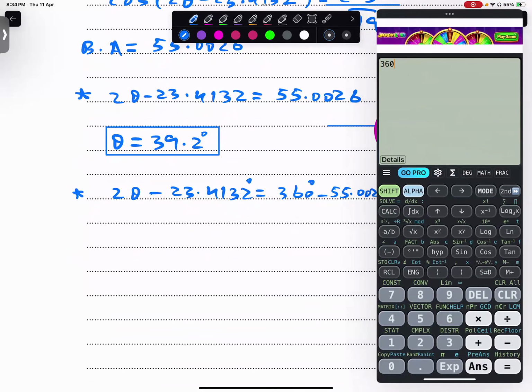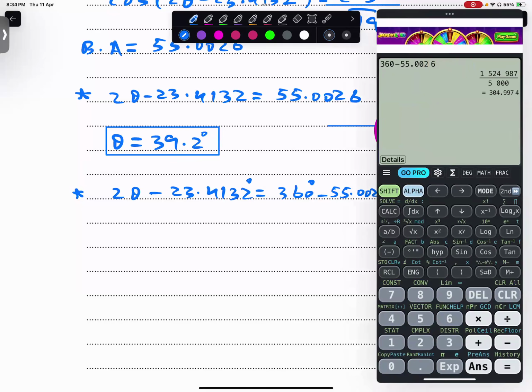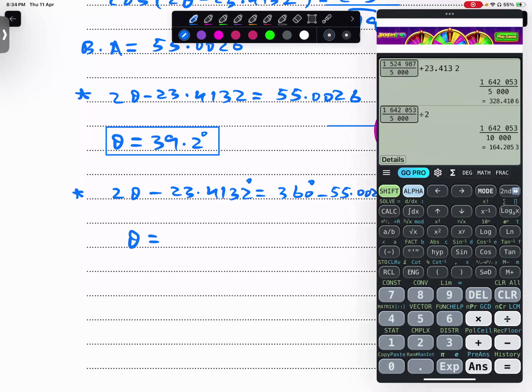So 360 minus 55.0026, add 23.4132 to it, and then divide by 2. Interestingly, you will see that students, you got another theta, which again falls in your domain: 164.2 degrees. So these are the two.